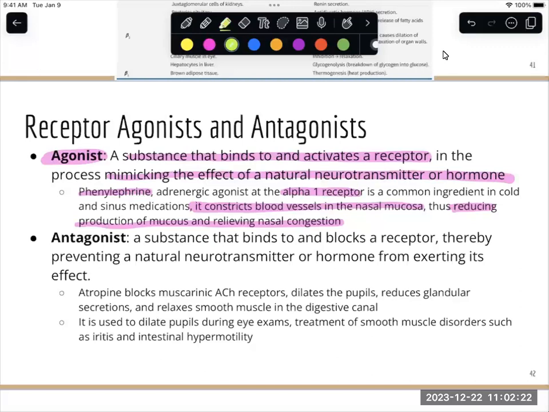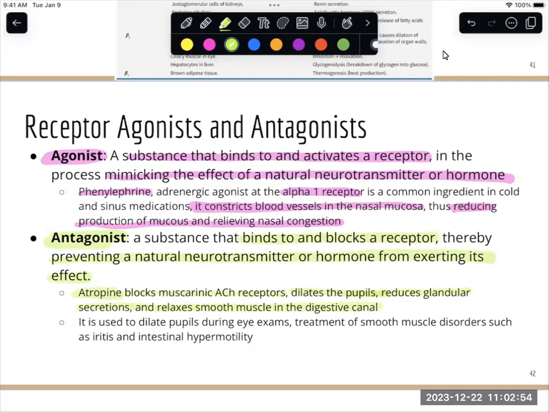This antagonist is going to bind to and block a receptor, preventing a natural neurotransmitter or hormone from having its effect, like atropine. That's going to block a muscarinic acetylcholine receptor. It dilates the pupils, reduces glandular secretions, and relaxes smooth muscle in the digestive canal.